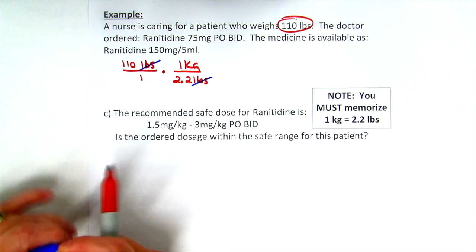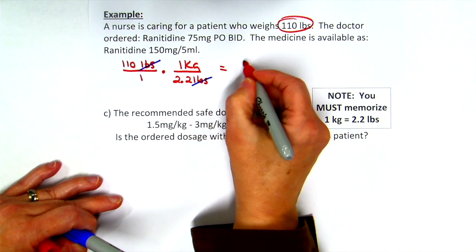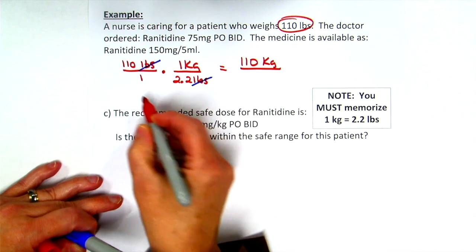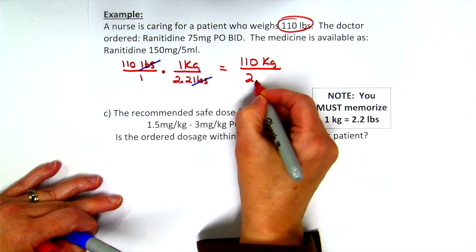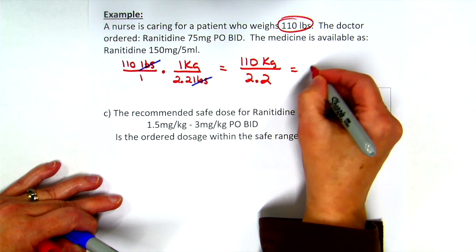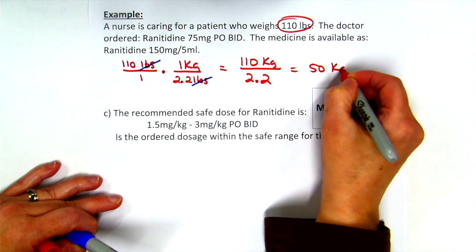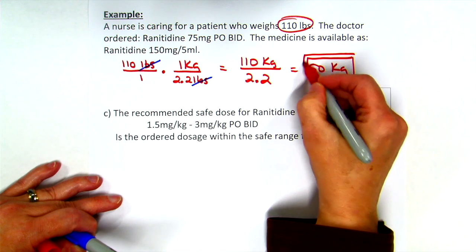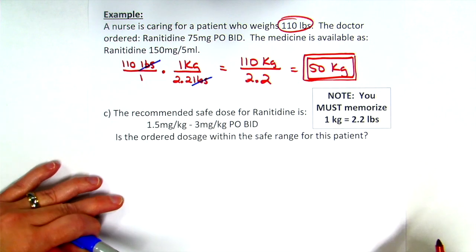Our pounds are going to cross off, so we'll have 110 kilograms on the top. Multiplying across the bottom, we'll have that 2.2. So that does show us to take the 110 divided by 2.2. That's going to give us 50 kilograms. So the patient weighs 50 kilograms.